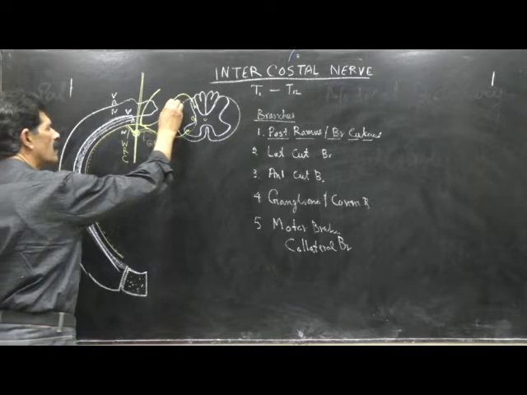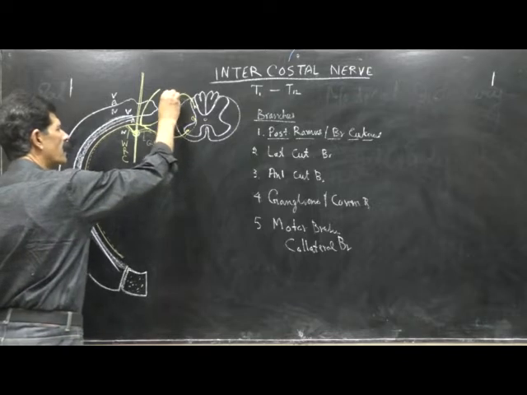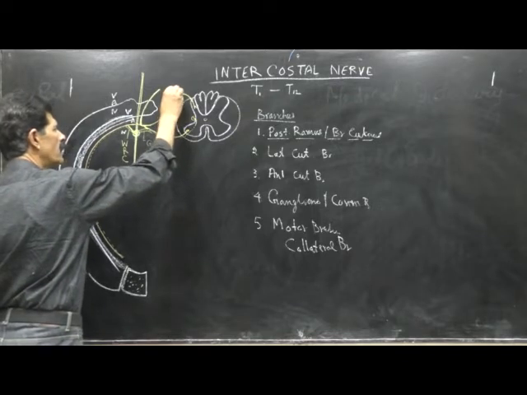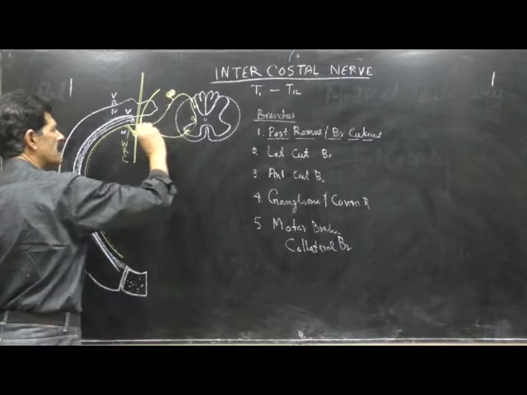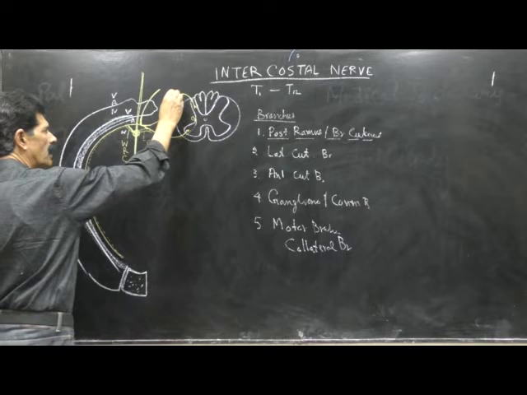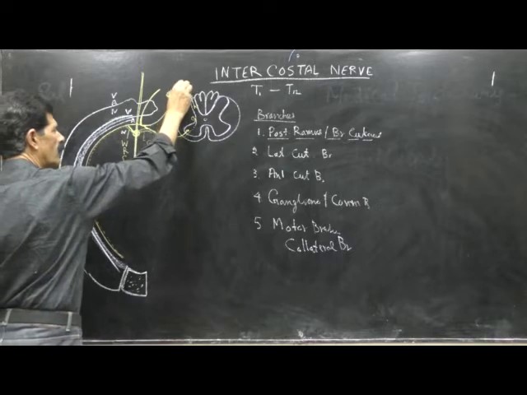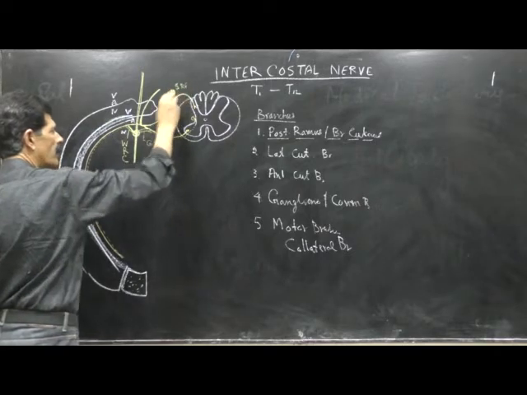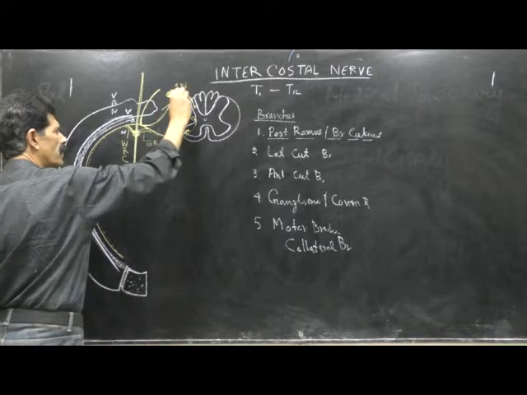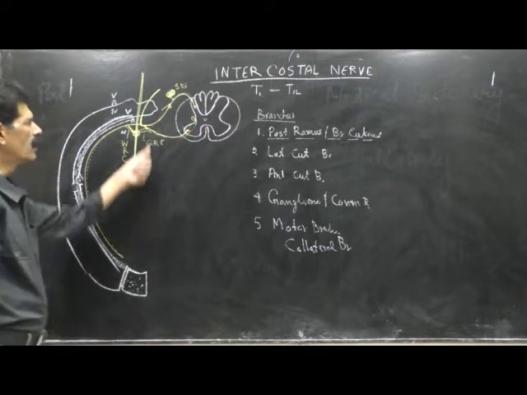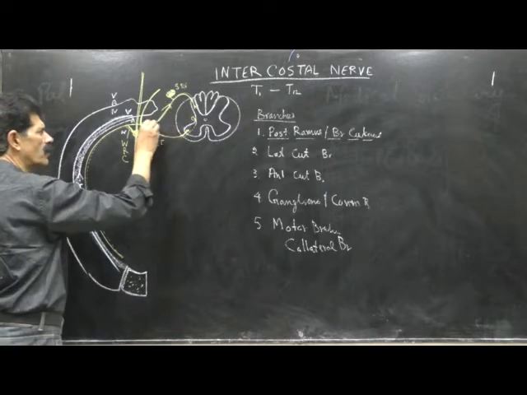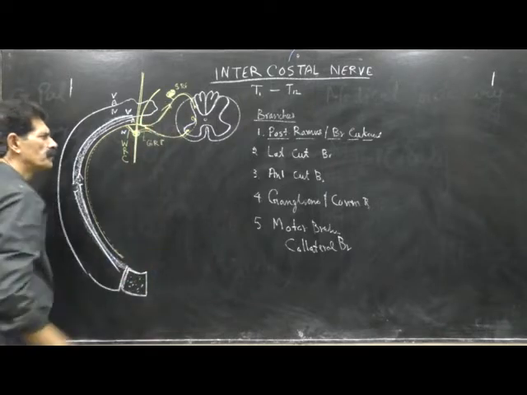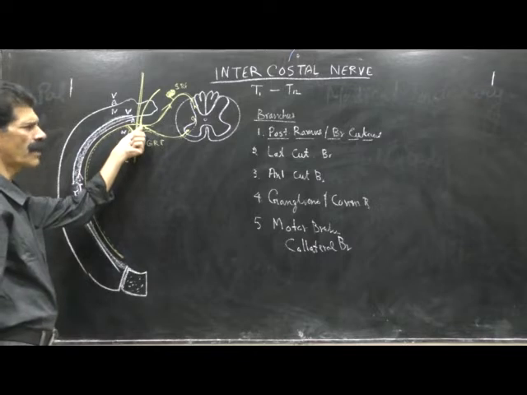As we know, the posterior root of every spinal nerve is a sensory root, and it has a sensory root ganglion. It goes into the spinal cord, and both the motor root, which is anterior, and the sensory root unite to form a spinal nerve. It comes out of the intervertebral foramen.